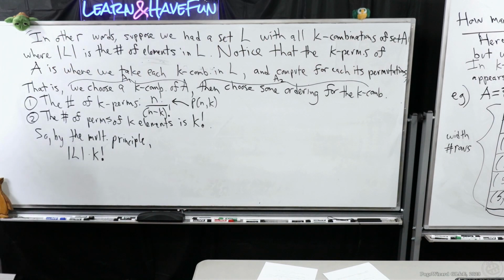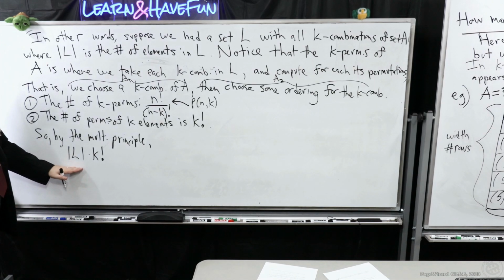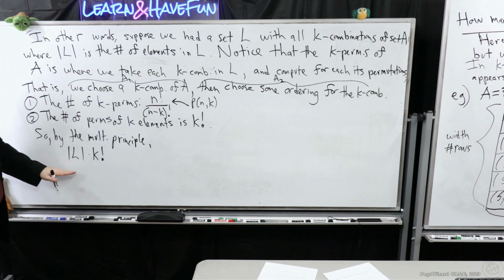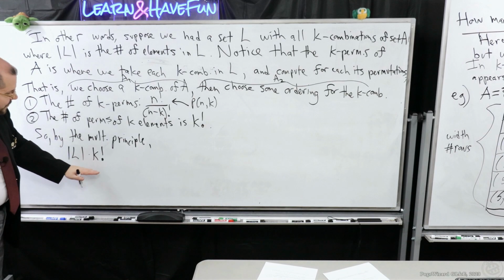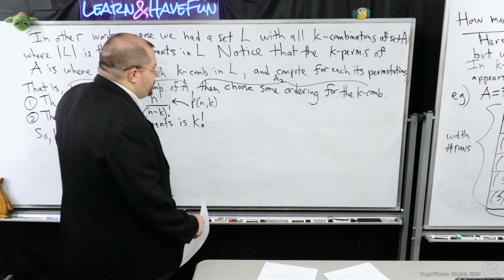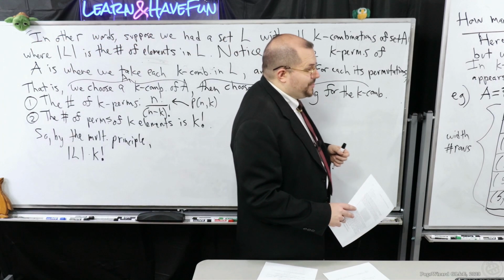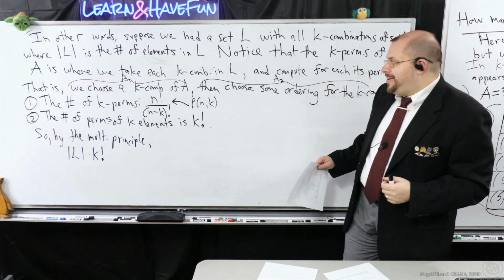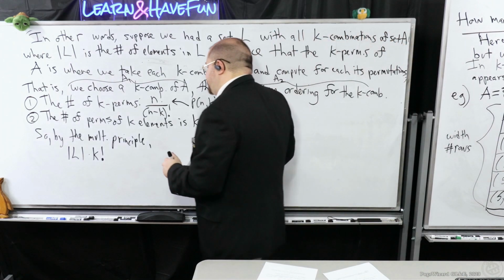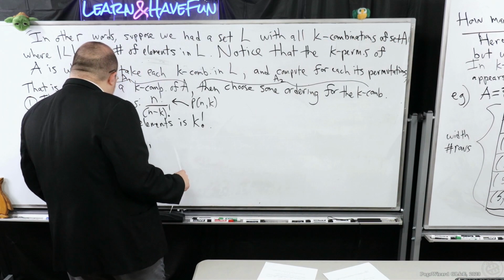The first something, how many ways can I do that? Well, it's the number of k combinations, which we denoted as L, the set of all of those. Then I have k factorial. That is the number of ways you could select an ordering for the k combination. But what did we determine?